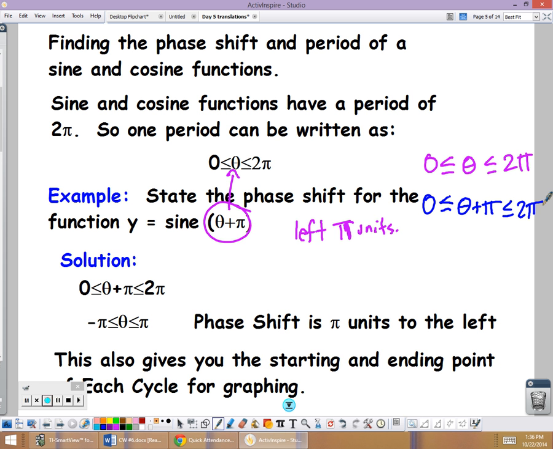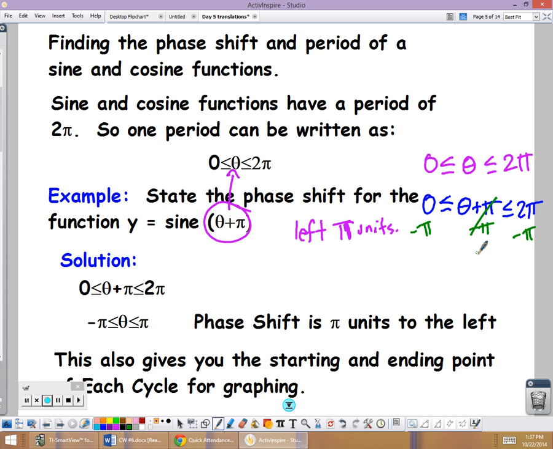Now I want to solve for theta. What do I have to do to get theta by itself? Minus pi. Thank you, Evan. Just take pi away from all three parts, right? We're going to take pi away, and take pi away.